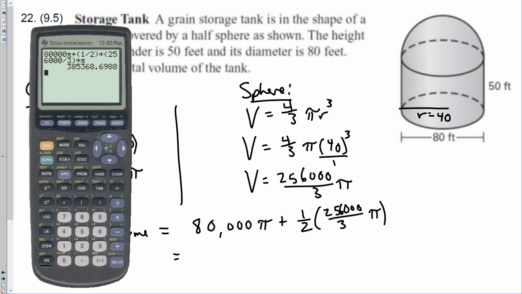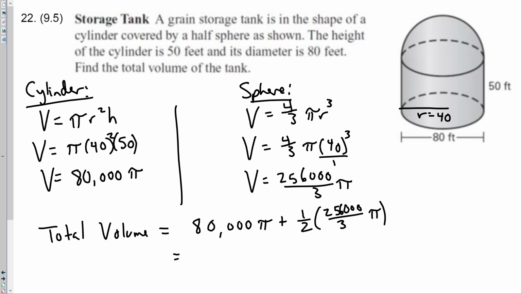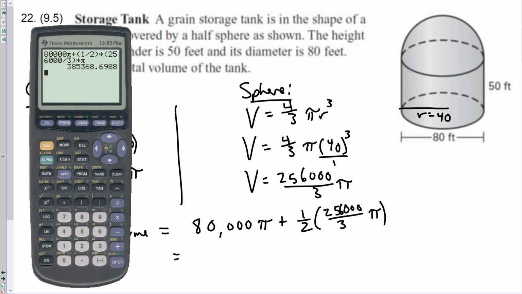So what we'll go ahead and do now is write down our answer, and they didn't tell us what to round to, so we'll go ahead and round to 2 decimal places. So our answer would be approximately 385,368 point.